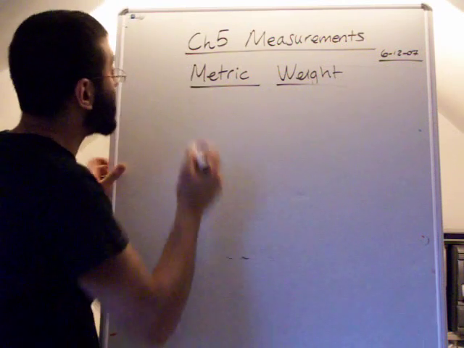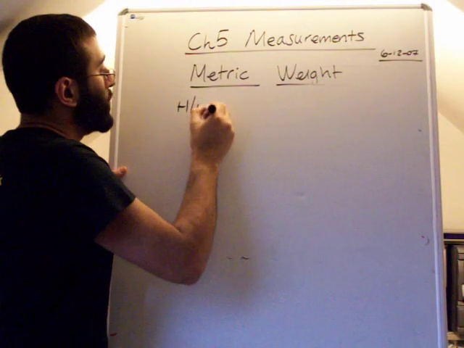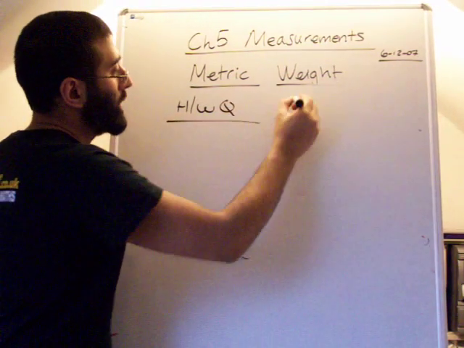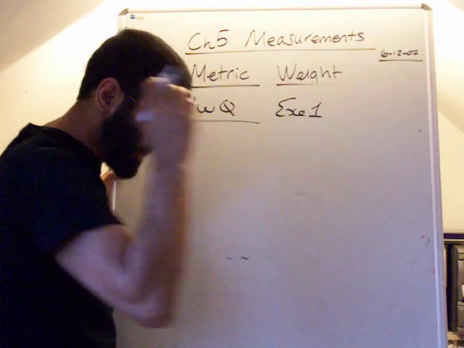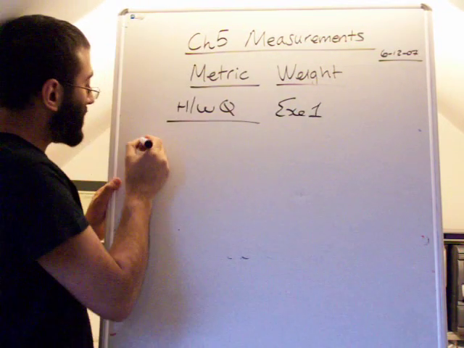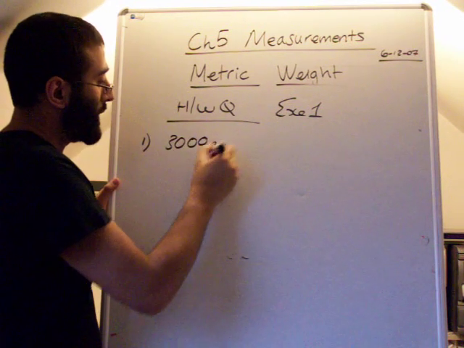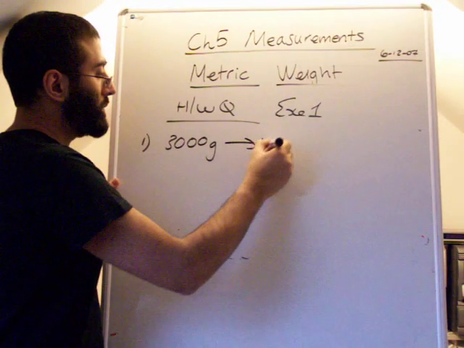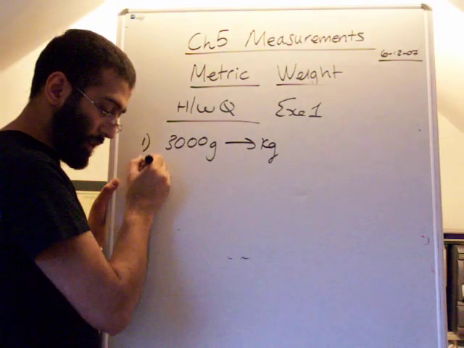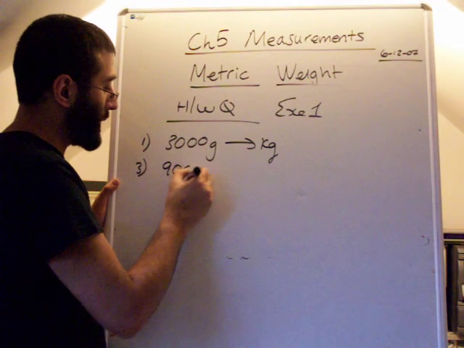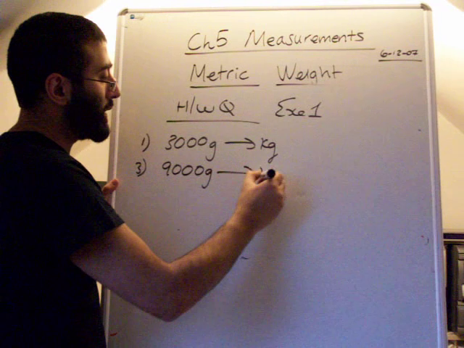So we have homework questions. Exercise 1. Number 1, we have 3,000 grams. Change that to kilograms. Number 3, we have 9,000 grams. Change that to kilograms.